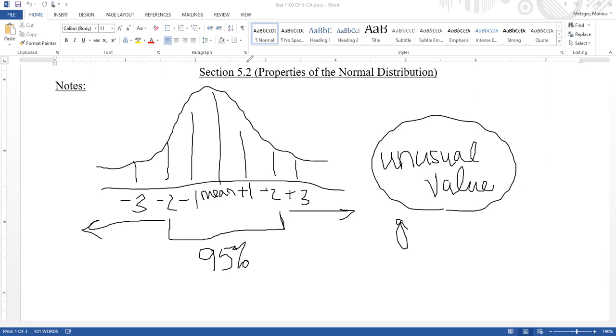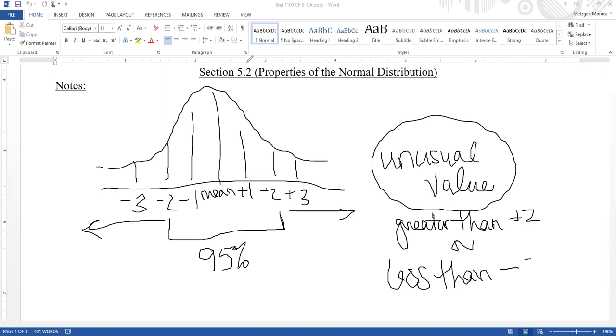So it's going to be greater than 2 standard deviations on the right, or less than 2 standard deviations on the left.